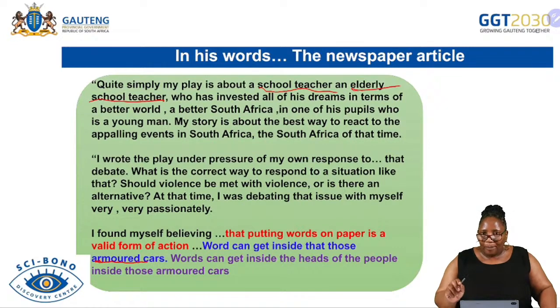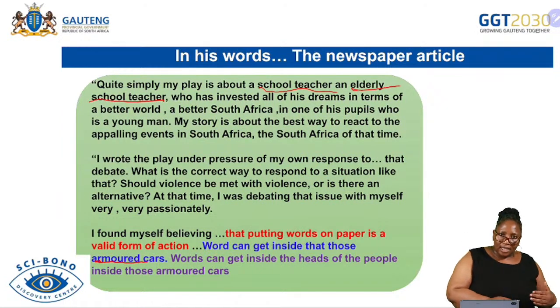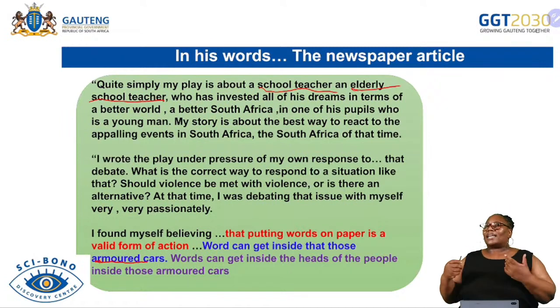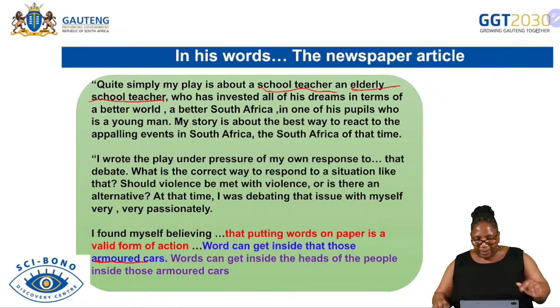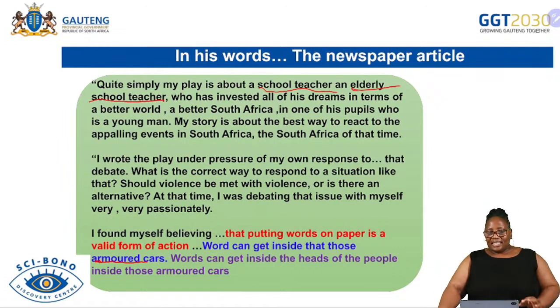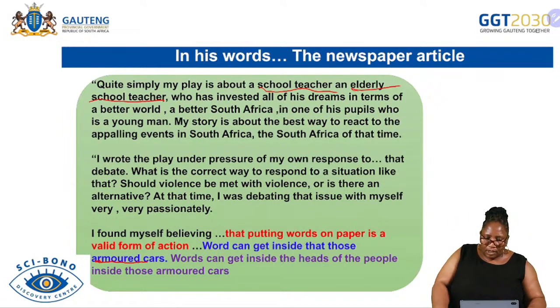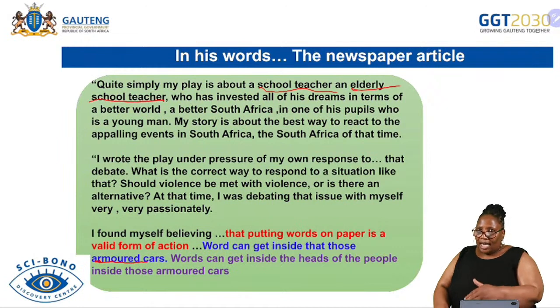Ammunition, weapons, tear gas, guns that can be used at the rioting children or the rioting people, black people. So he says, words can get inside those armored cars, and words can get inside the heads of the people inside those armored cars.